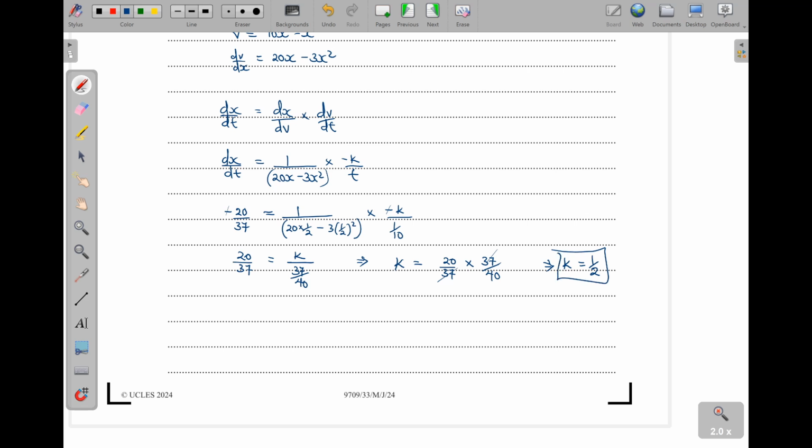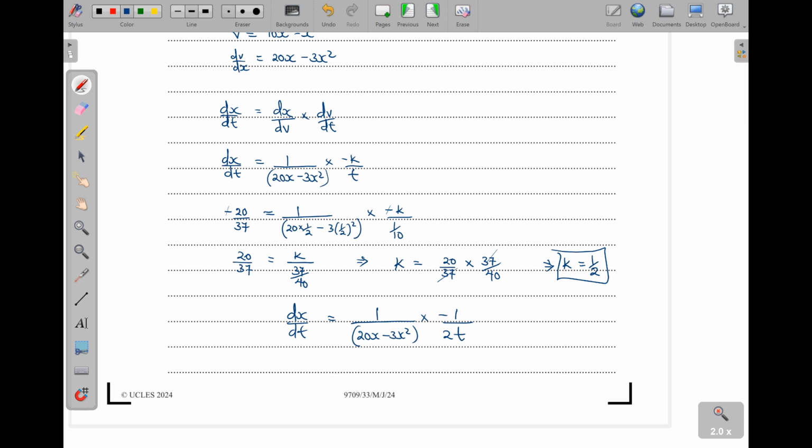Okay, so this therefore implies that our dx dt is going to be equal to, we substitute here. So it is 1 out of 20 of x, then minus 3x squared, then times k is negative a half, so we shall put negative 1, then over 2t.